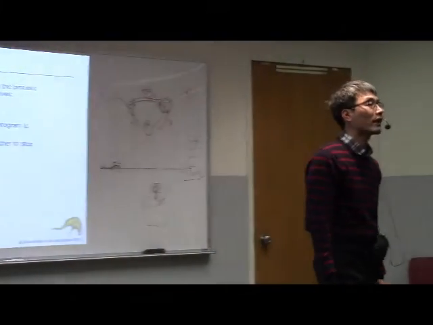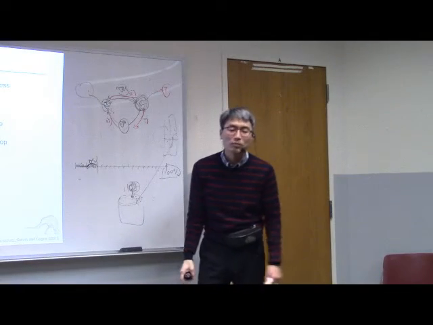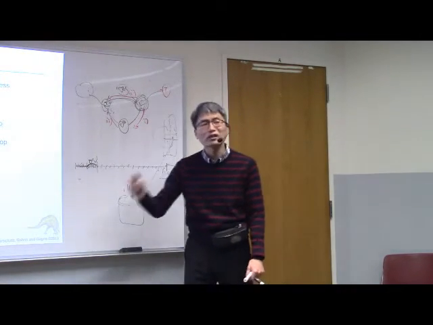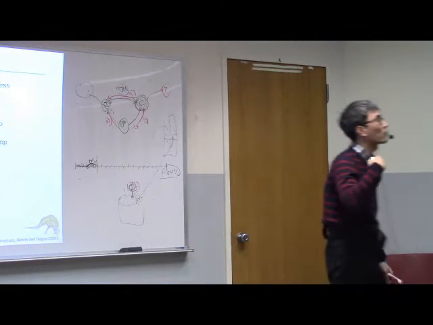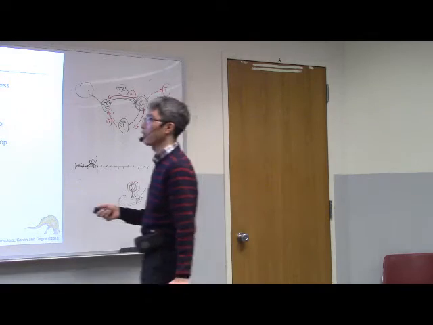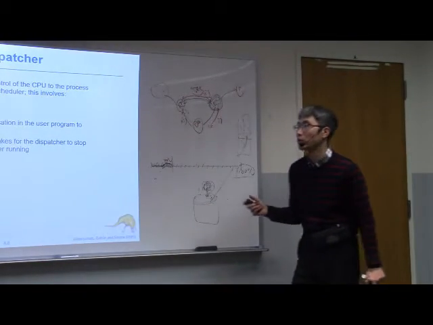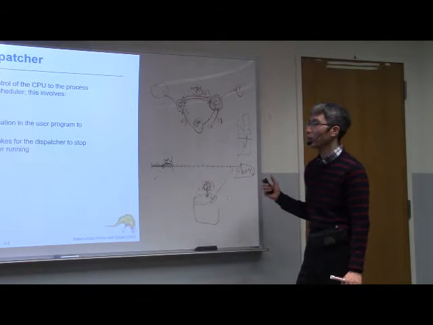Okay, so dispatch latency may cause system degradation. So you need to consider when you manage the real operating system, if the dispatcher selects the next process frequently, you may cause the system performance to go down.